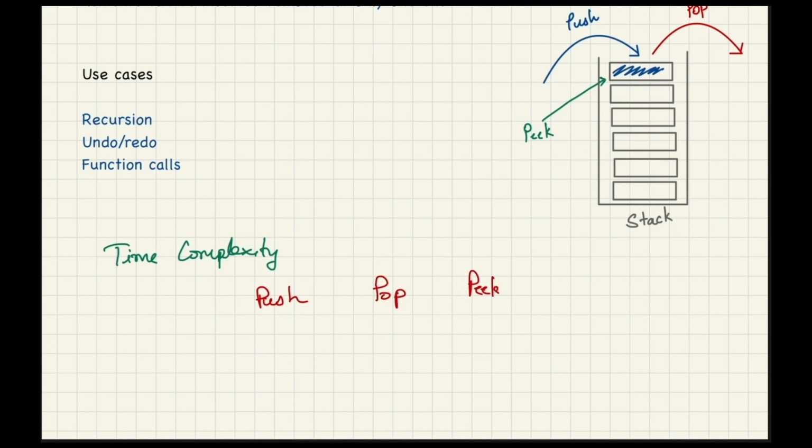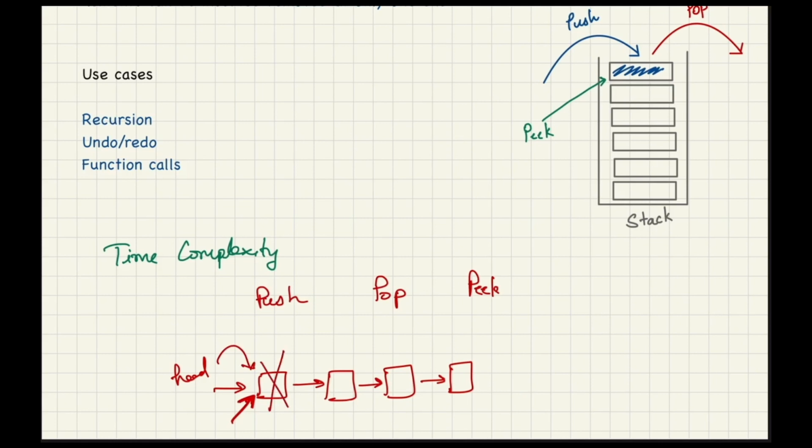And as we saw, we are using a linked list for all these operations. So this is our head, and we are always adding at this position. Since head is always available to us, adding or removing anything at this point is always going to be a constant time operation.